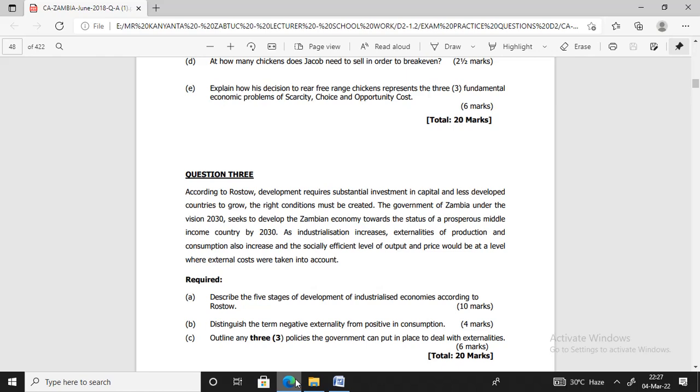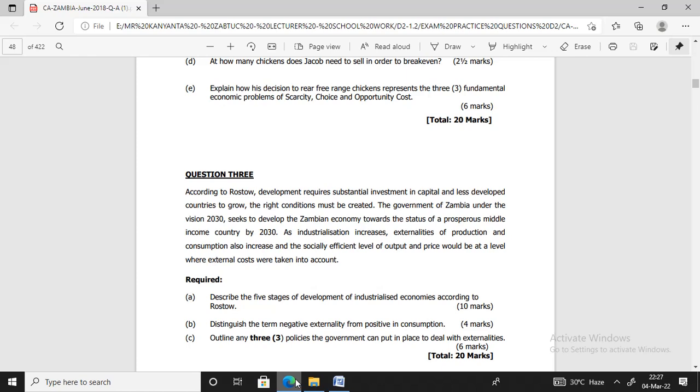For example, you buy a big radio cassette and you play it loudly. Of course you paid for that radio cassette, but when you play it loudly, even your neighbors that were not part of this transaction between you and the shop where you bought it get to be affected. That spillover effect from your transaction is what is called externalities. So externalities can either be negative or positive.